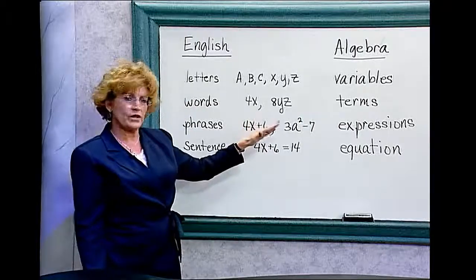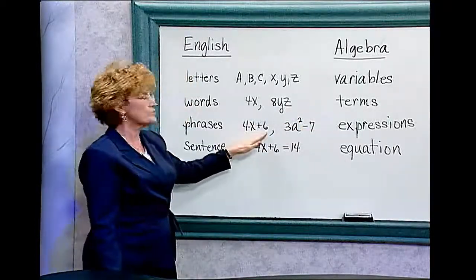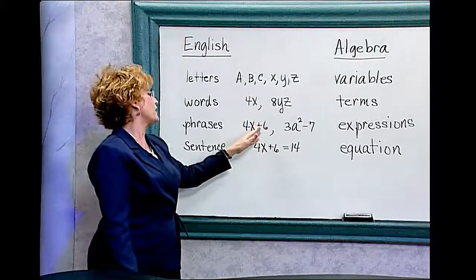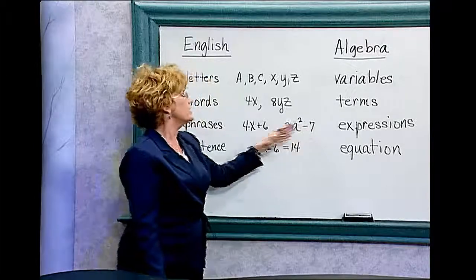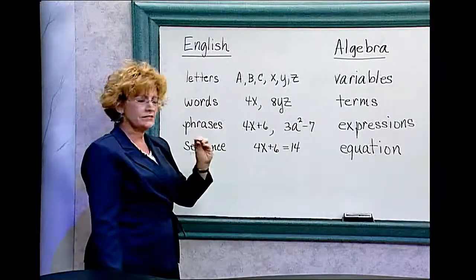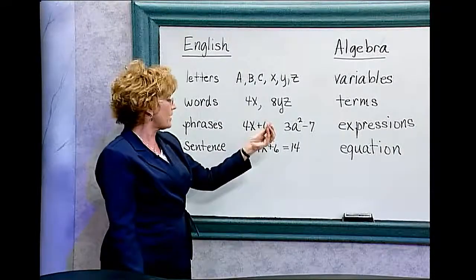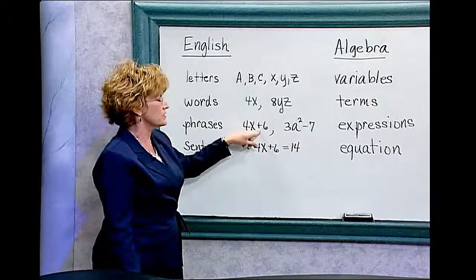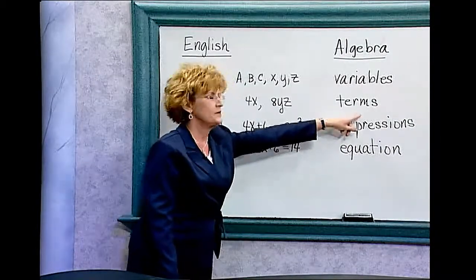Notice that in our expressions, our terms are separated by a plus sign or by a subtraction sign. It's the same thing as if you were writing a phrase that you would leave a space in between the words. In math, we put an addition symbol or a subtraction symbol in between the terms.